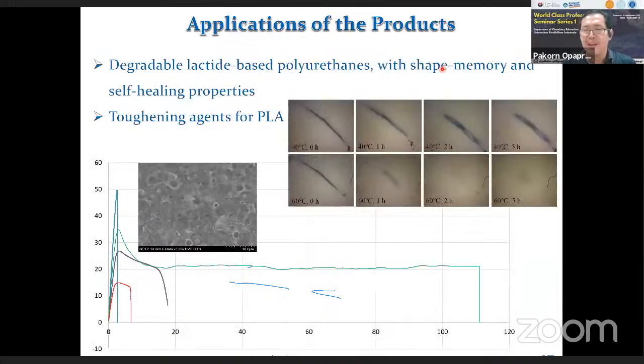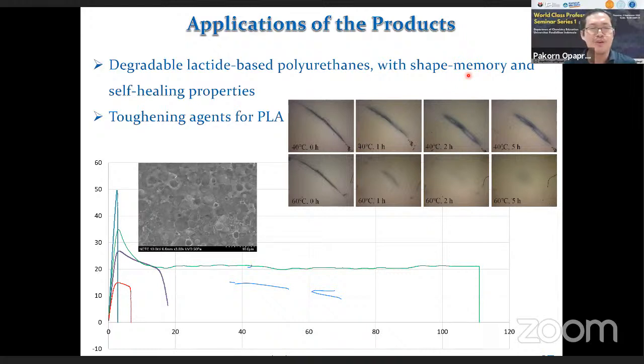The degradable property is a unique property of the products. However, this polyurethane also shows some other interesting properties, like shape memory. If we apply force to these polyurethanes, and then reheat them or wait for some time, they can return to the original shape. So we call that shape memory.